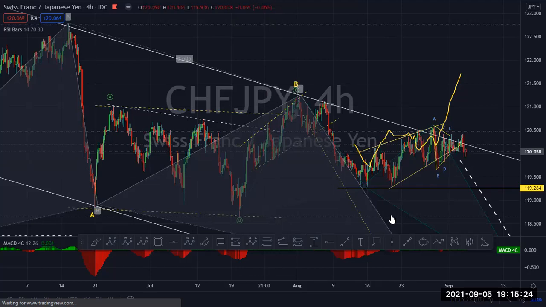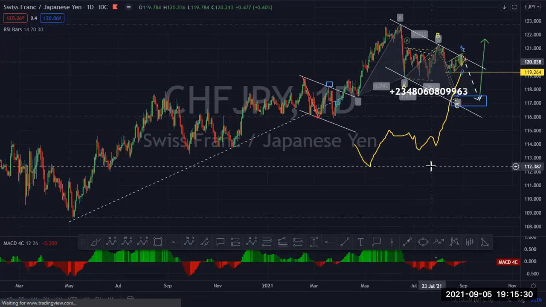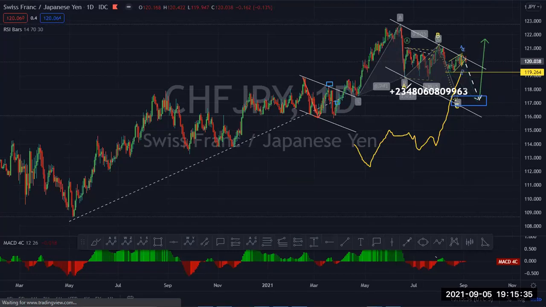In the sense that, let me go to daily. The incomplete pattern is this, on the daily time frame.